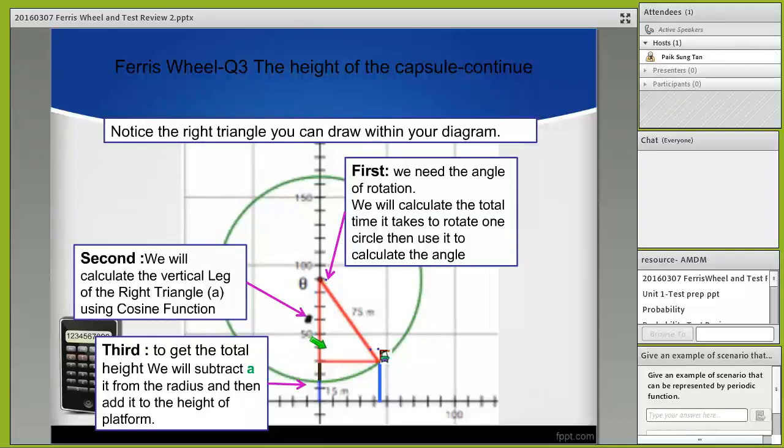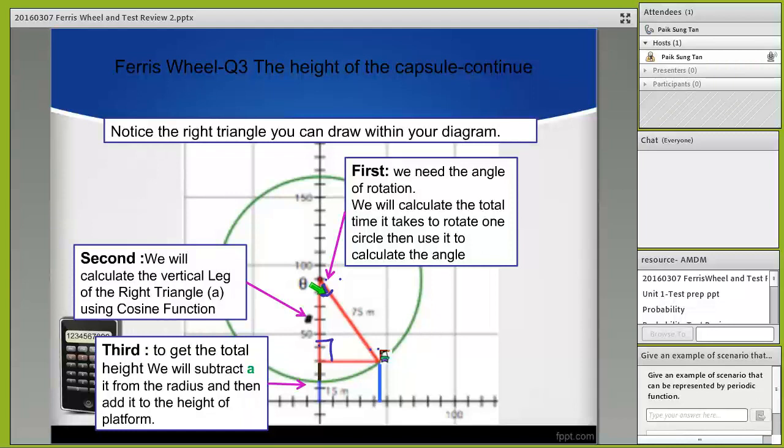And where's the right triangle? It's right here. And the theta, the central angle where the capsule is traveling, tells how far it has traveled. It has traveled this much. This is the angle that we're looking at right here, and we call it theta.